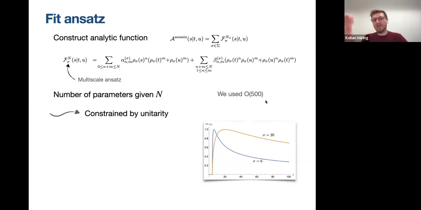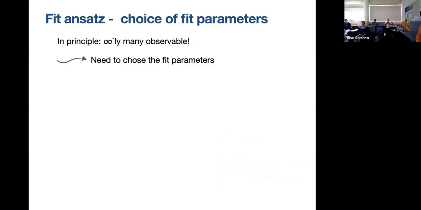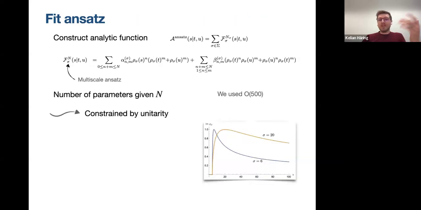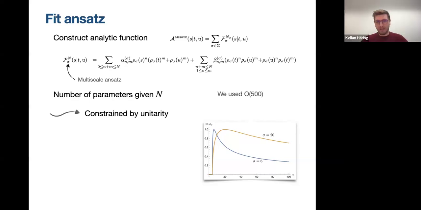So now this ansatz is explicitly crossing symmetric and satisfies analyticity. So the remaining constraint on these parameters is unitarity. And unitarity would also be imposed using SDPB as before, as a nonlinear constraint.